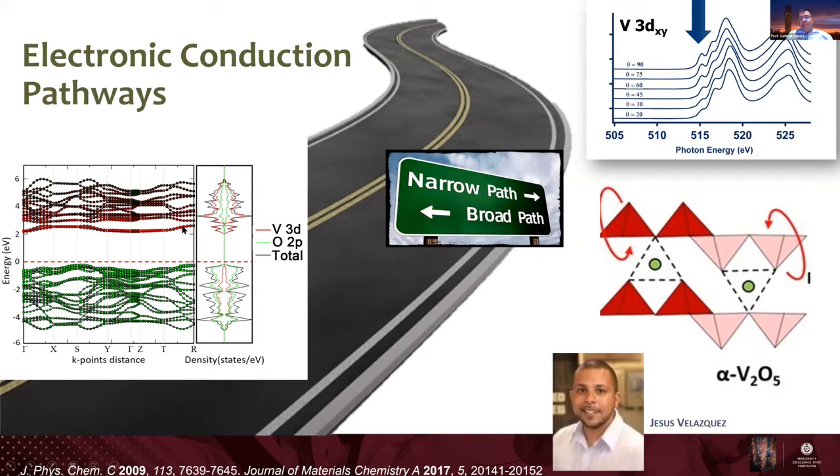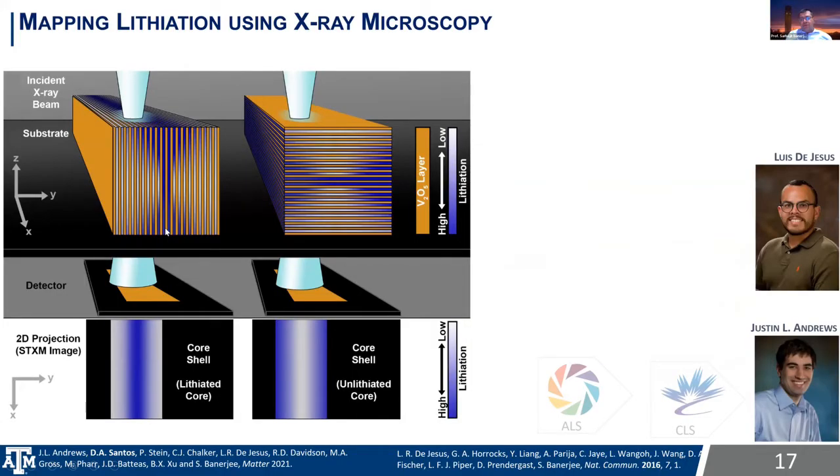And so because of this very narrow 3dxy band, the electrical conductivity is not very good. So there's a pretty large effective mass for the electrons. And this is work by Jesus Velazquez more than a decade ago, where we used polarized X-ray absorption to really probe the bottom of the conduction band edge and establish that it's the vanadium 3dxy band that is involved in conduction.